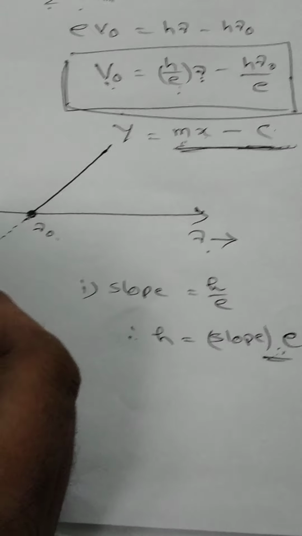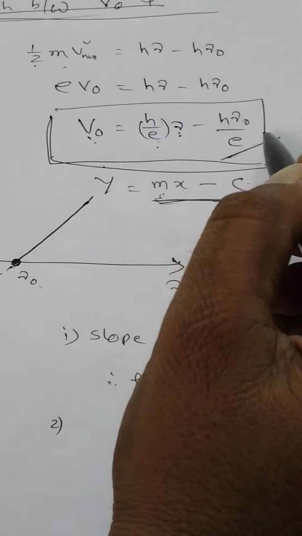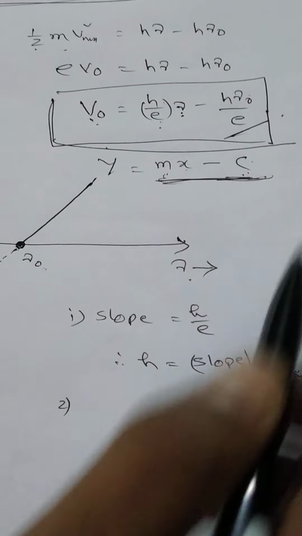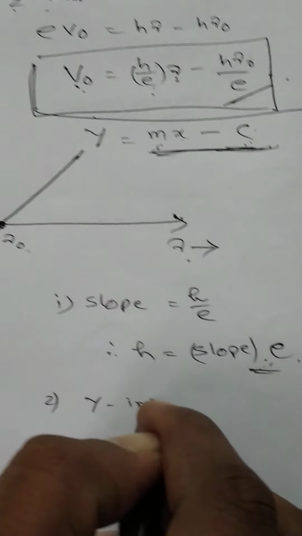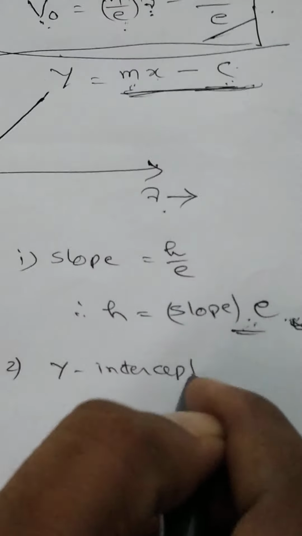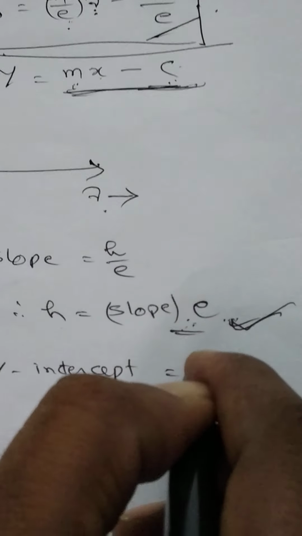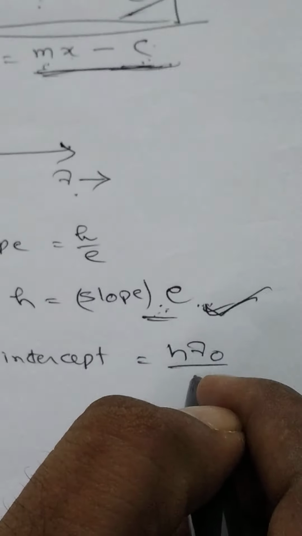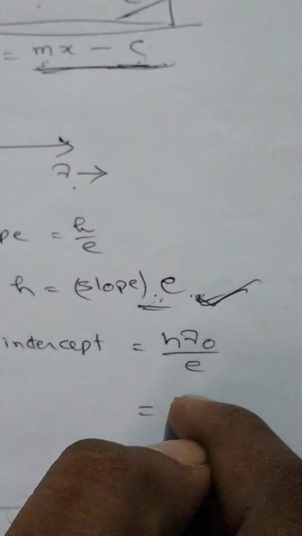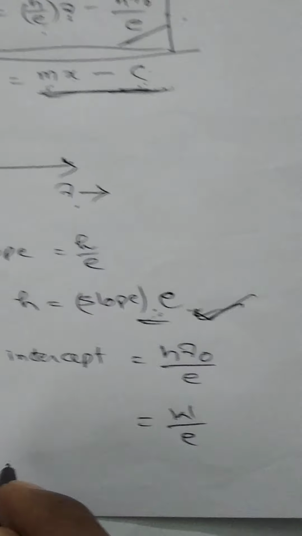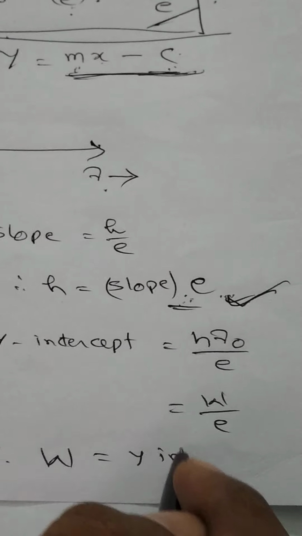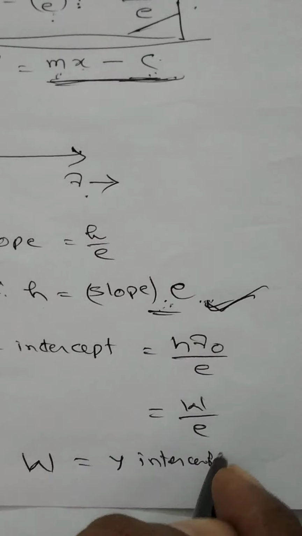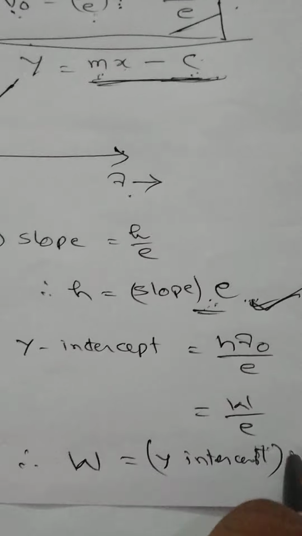Second one, the y-intercept is equal to C, and C is equivalent to h nu naught by e. So the y-intercept is equal to h nu naught by e. h nu naught is also equivalent to W, so W is equal to y-intercept into small e.